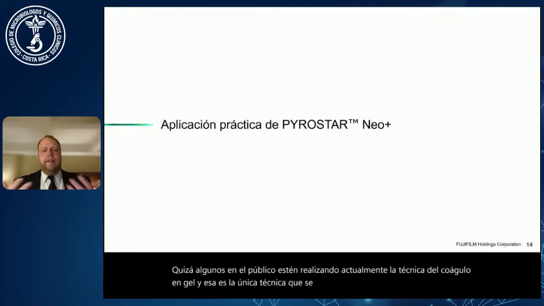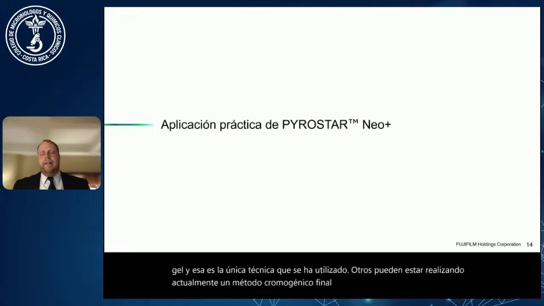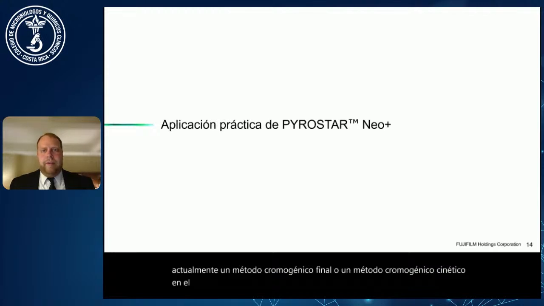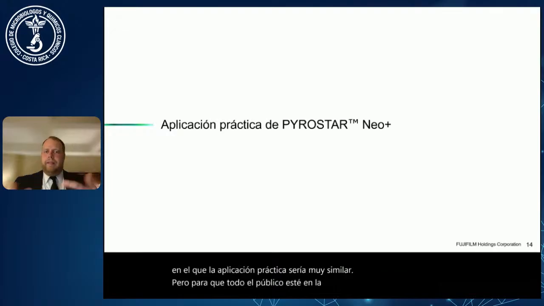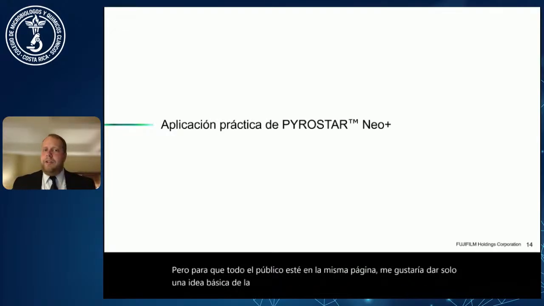Others may currently be performing either an endpoint chromogenic method or a kinetic chromogenic method, in which the practical application would look very similar. But to bring all the audience on the same page, I'd like to just give a basics of the form and the function, and then the application of this recombinant cascade reagent.